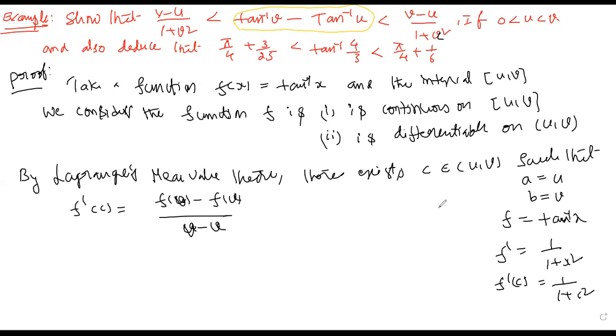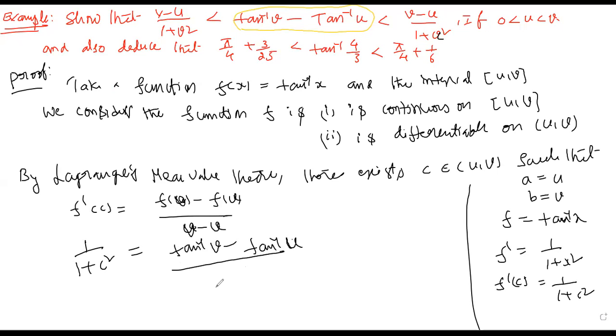According to these values, we substitute in this function. So f dash of c, which is 1 by 1 plus c square, equals f of v, which is tan inverse of v, minus f of u, which is tan inverse of u, by v minus u. Okay, leave it. Now come to the next page.